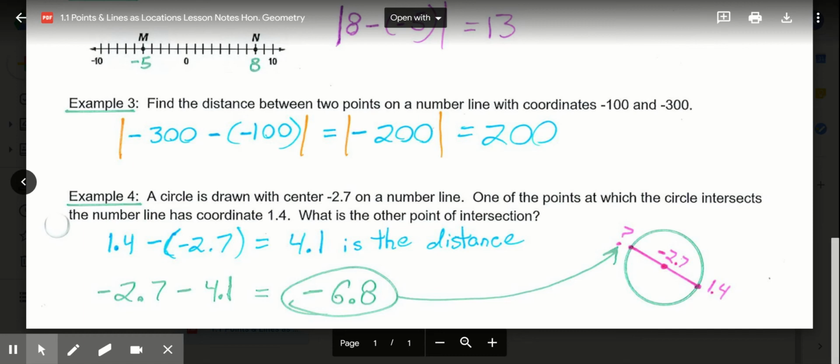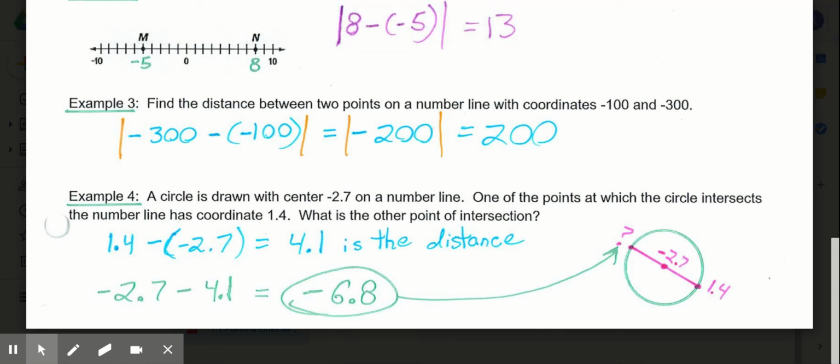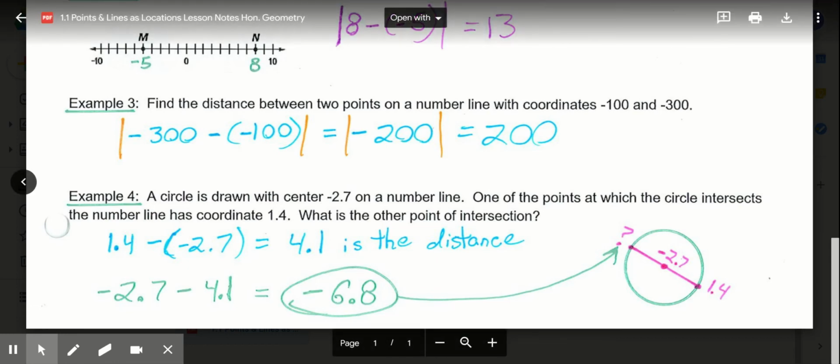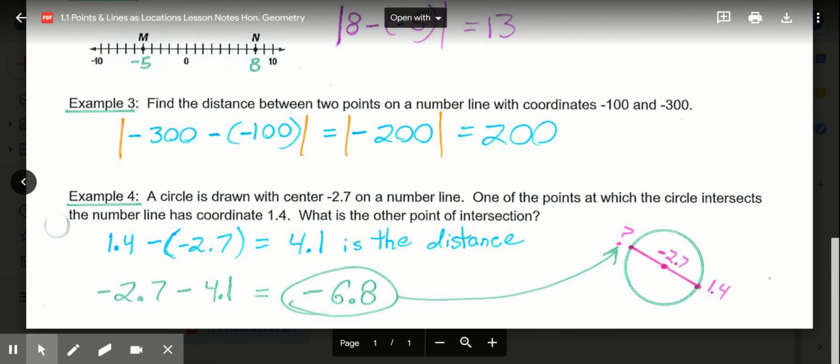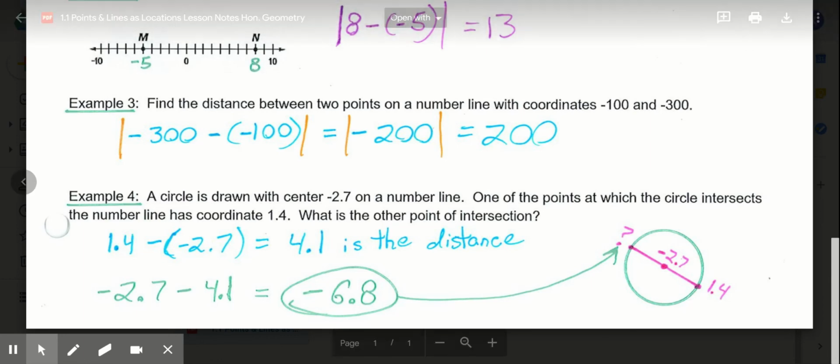What I can do is figure out the distance from that 1.4 to my middle of -2.7. So 1.4 minus -2.7 is 4.1. That tells me that the distance from the middle to any point on the circle is 4.1.